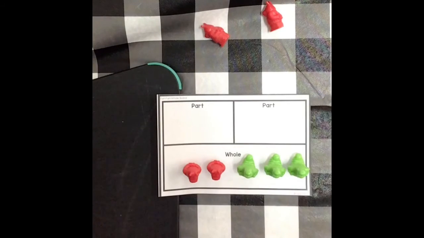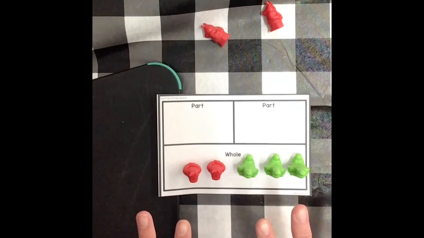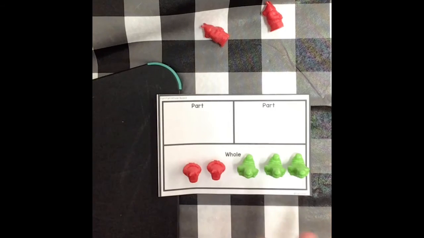Move them down into the whole box now and count them and tell me, how many do we have now all together? 1, 2, 3, 4, 5. 5. We had 2 in our first box, we had 3 in our second box, and when we combined them, we had 5.